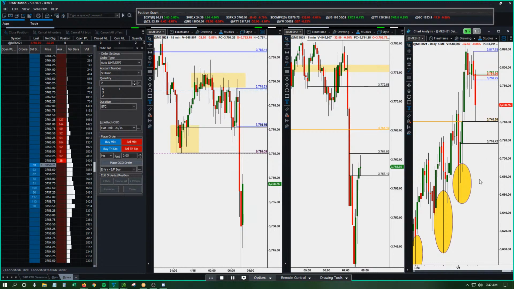So we would expect the same thing until it doesn't, right? We would need a break lower of these levels of these swing lows for us to see the confirmation to the downside.